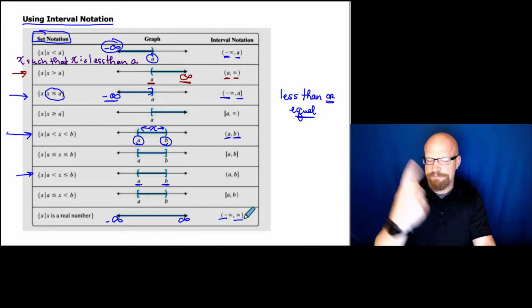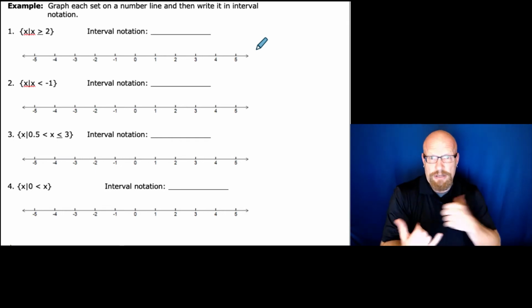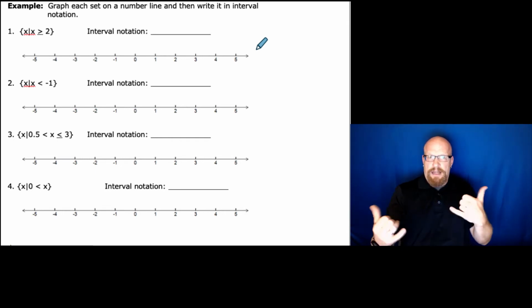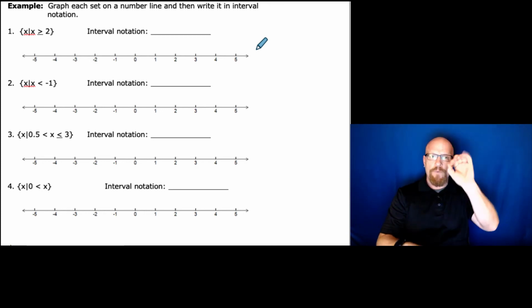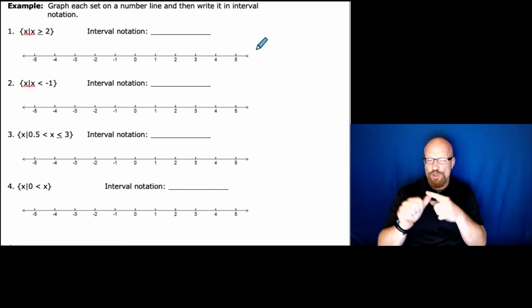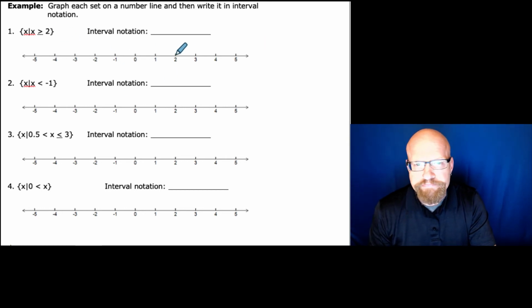All right, now our next set of examples. Now, we're going to graph them ourselves. So the set notation says x where x is greater than or equal to 2. Find the region first.